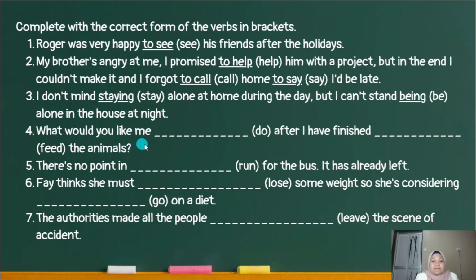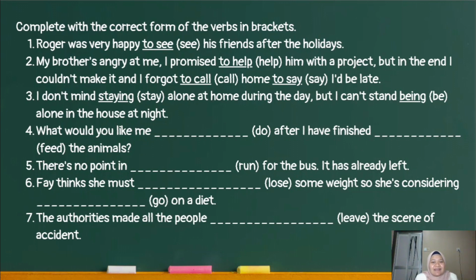What would you like me (do) after I have finished (feed) the animals? So, what do you think the answer will be? Is it bare infinitive, or to infinitive, or gerund?